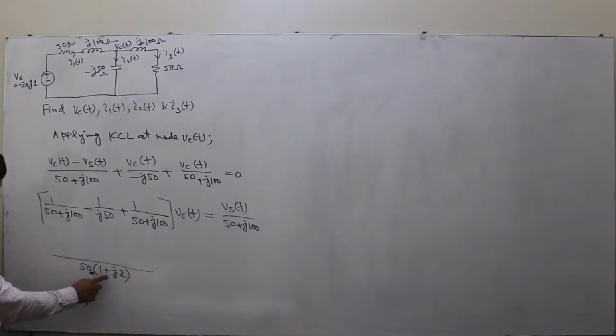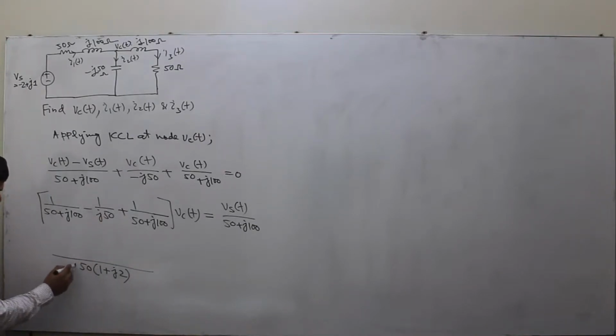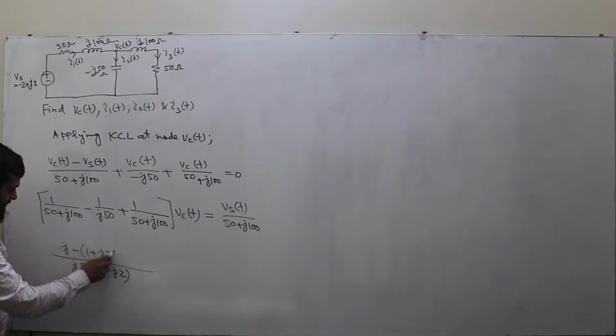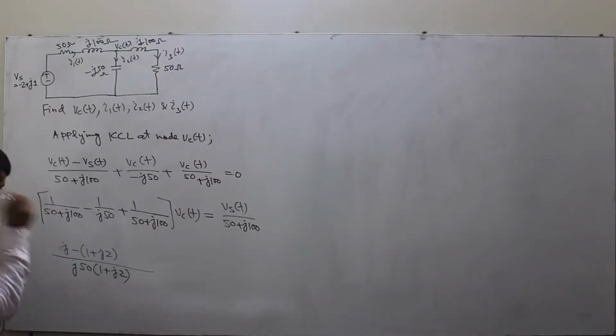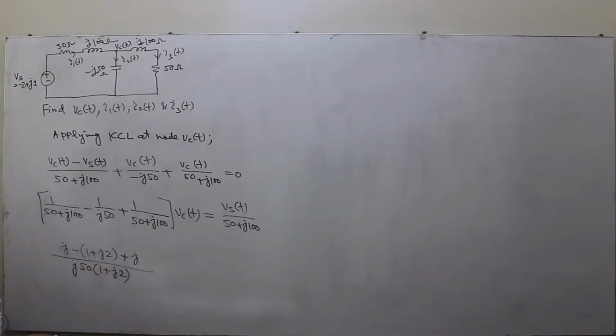So we have 50 plus j100, which means we also have this 50 included, and in this one we get j minus 1 plus j2 and then plus j.